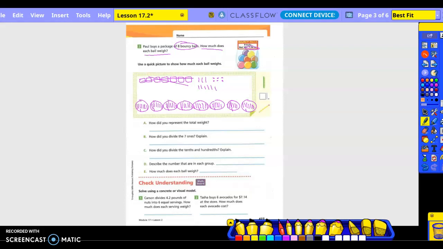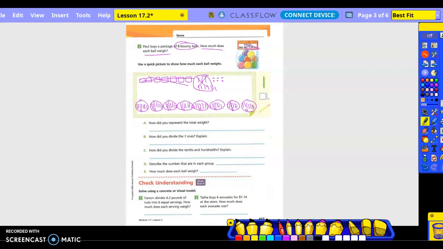Yep, so I'm going to circle all but one of them, mark them off, and put one more in each spot. Okay, so now I only have one long left. Do I have enough to go in each circle?